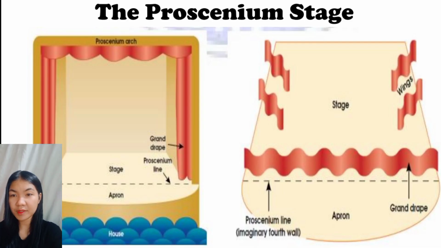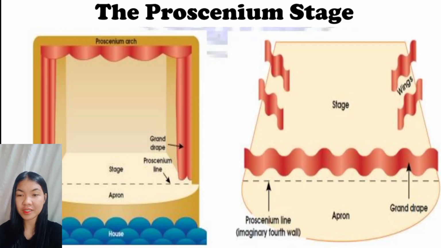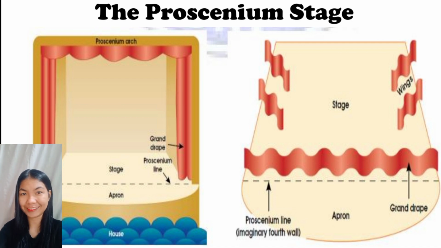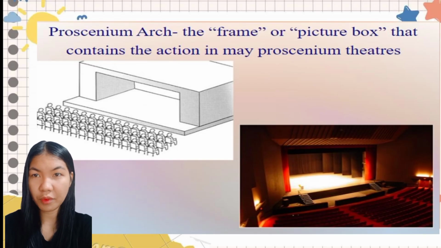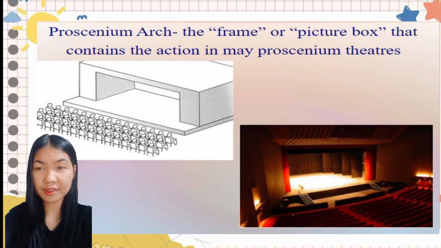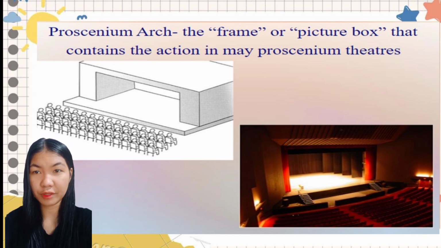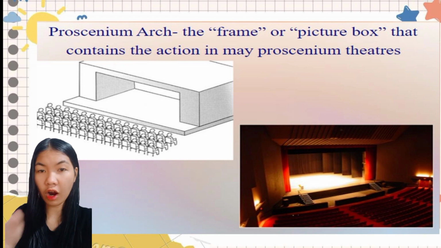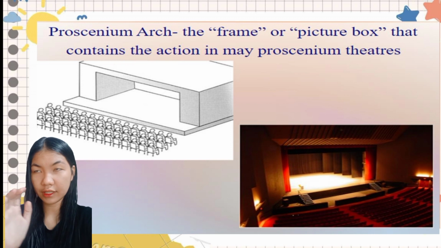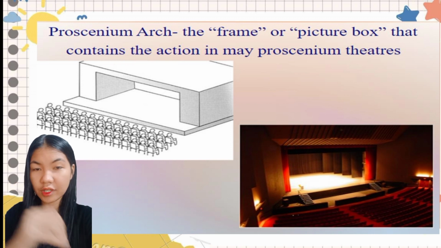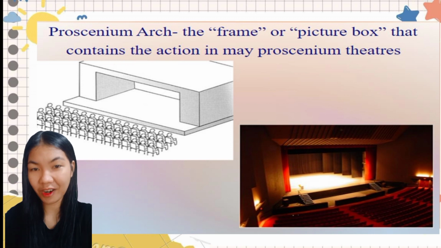In the proscenium stage, we have the stage, the apron, the proscenium line, the ground drape, and the wings from either side. The proscenium arch is the frame or picture box that contains the action in many proscenium theaters. They might not actually be an arch, but from its feature, you can say it's the proscenium arch.